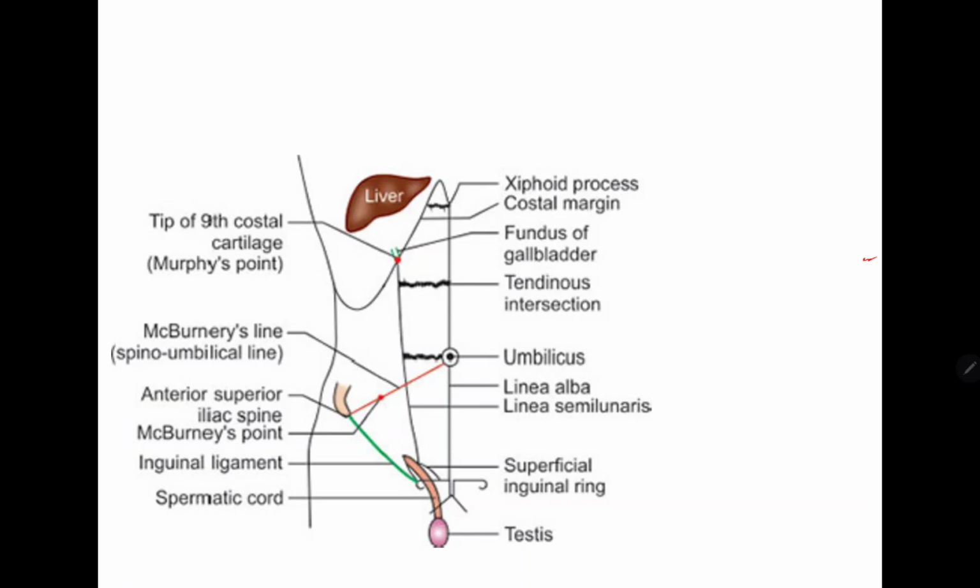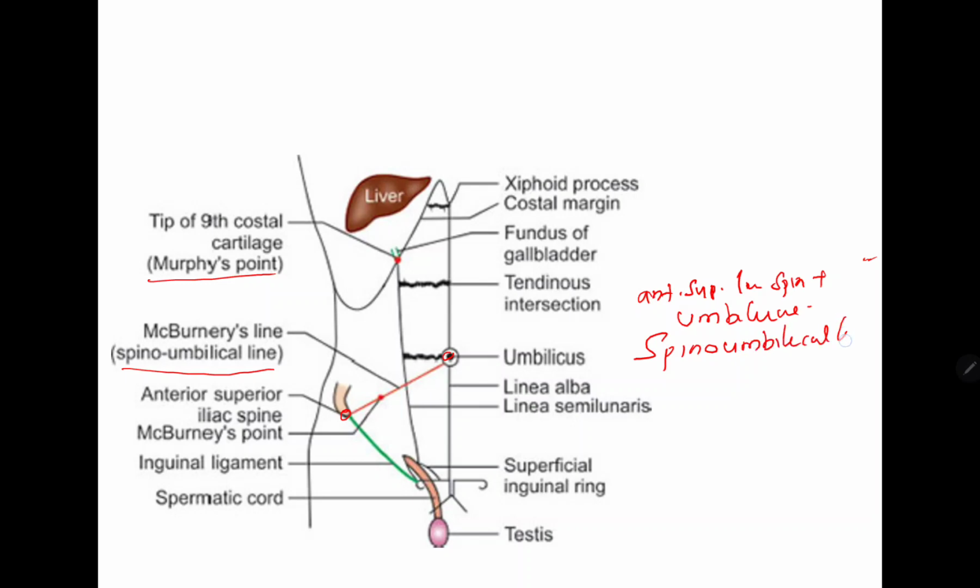2 more new terms we are going to see: McBurney's point and Murphy's point. What is McBurney's point? Here is the anterior superior iliac spine and there is the umbilicus. An imaginary line connecting the anterior superior iliac spine and umbilicus is known as the spino-umbilical line.